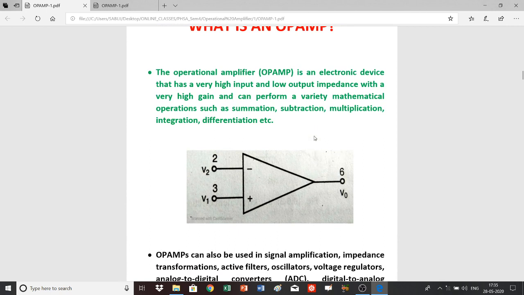Now, what is an OPAMP? Already we understand that an operational amplifier or OPAMP can perform several types of mathematical operations.